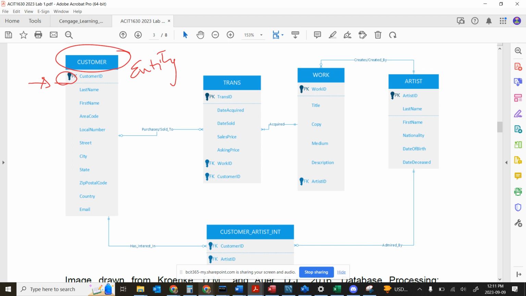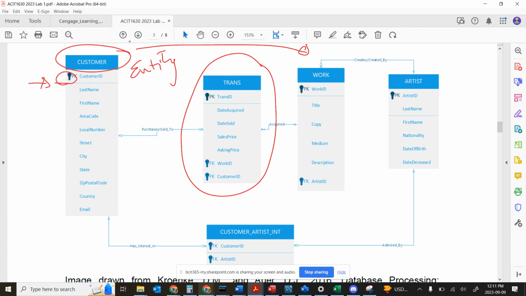Okay, so here we can read about this entire diagram. We can say that a customer will purchase a work, and as he purchases it, he will generate a certain transaction, right?